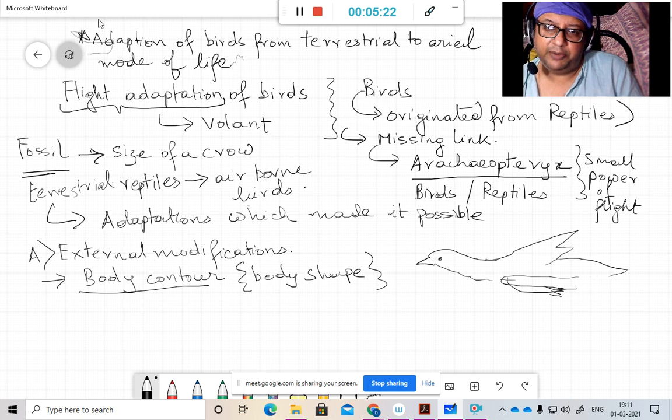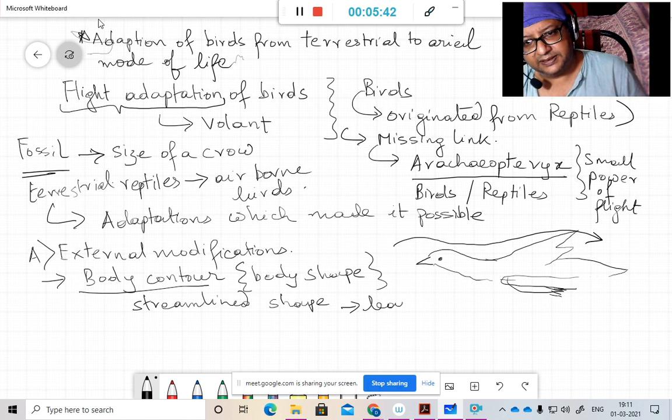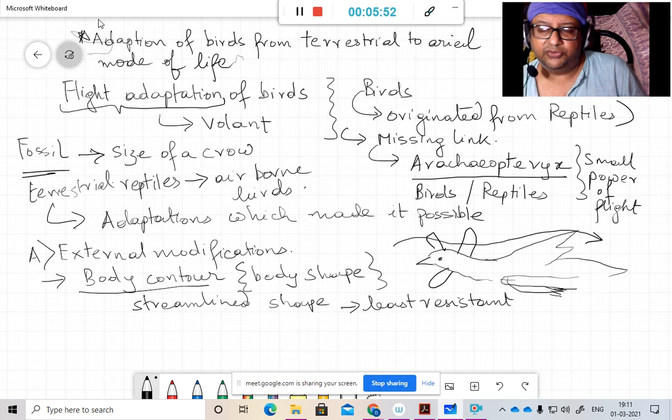If you look at the shape of the bird, you will see that it's got a very streamlined shape, so that when the bird is flying, there is least resistance. If a structure comes out from here, from here, from here, what will happen? The wind will face a resistance and that will obstruct flight.